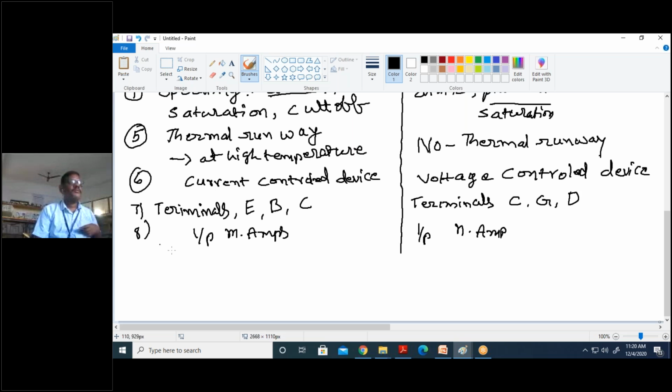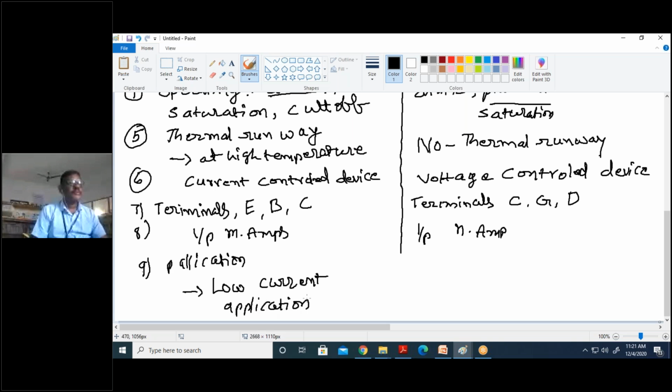And the ninth point, applications. BJT is for low current applications, and JFET is for low voltage applications.